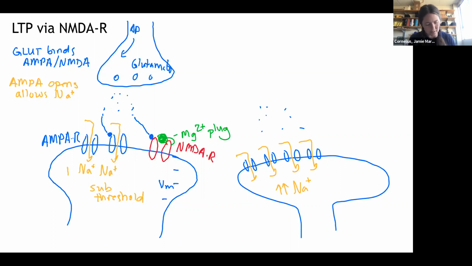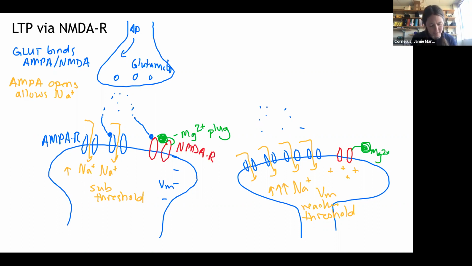So here you got a little bit of sodium, here you get a lot of sodium, and the Vm reaches threshold. That may be enough, so all this positive charge coming in around the NMDA receptor might be enough to kick open this magnesium plug. In other words, the positive voltage building up on the inside of the membrane expelled the positive magnesium ion and kicked it out of the channel.